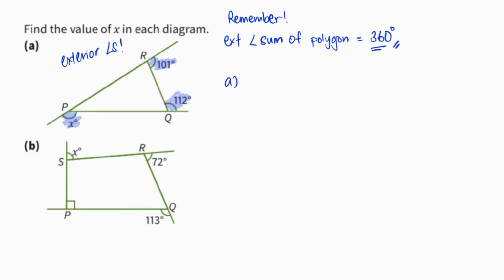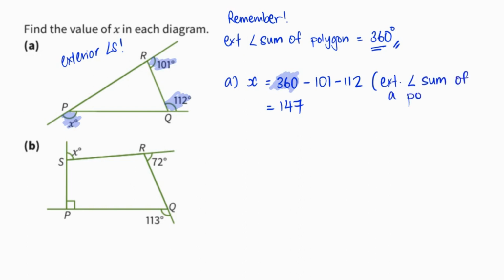So for part A, if we know that, x is simply 360 minus 101 minus 112 to give me 147. And the reason for this is because we tap on this knowledge of 360 as the exterior angle sum of a polygon. So do write it down to let people know where this 360 comes from.